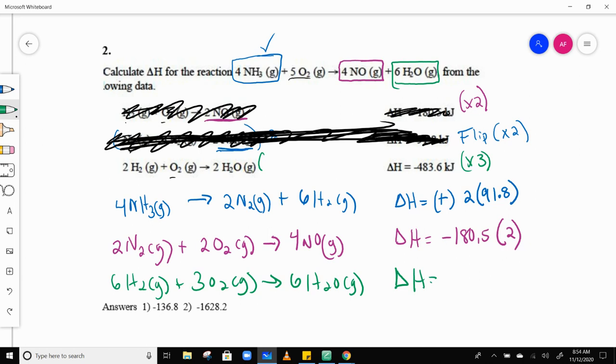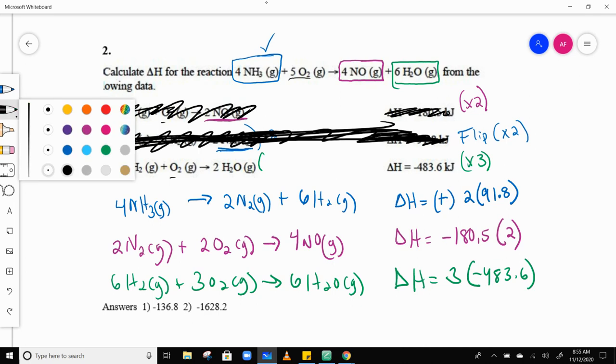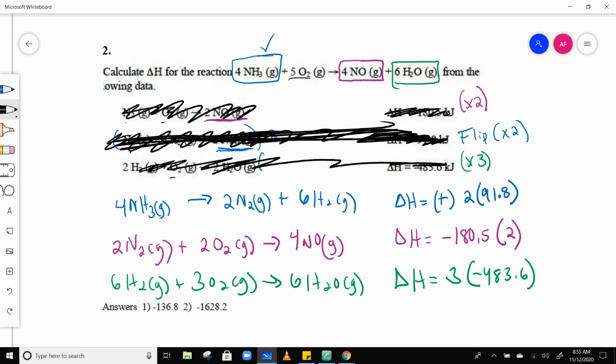And delta H is 3 times the original, which is negative 483.6. Okay, so again, now I can cross that one out, and I have my 3 equations here.